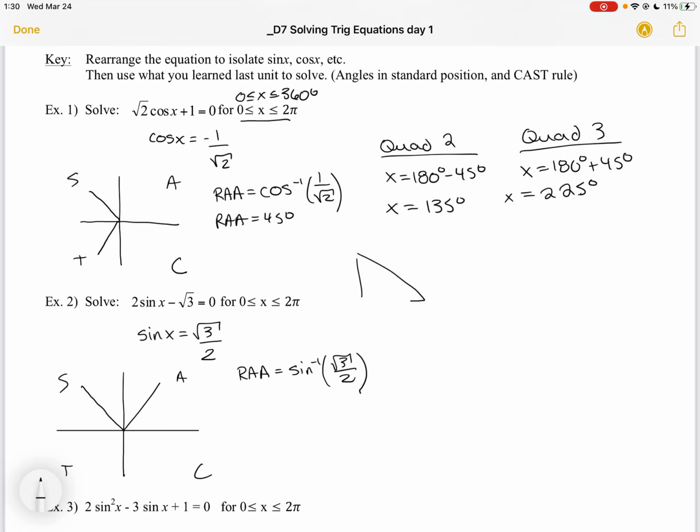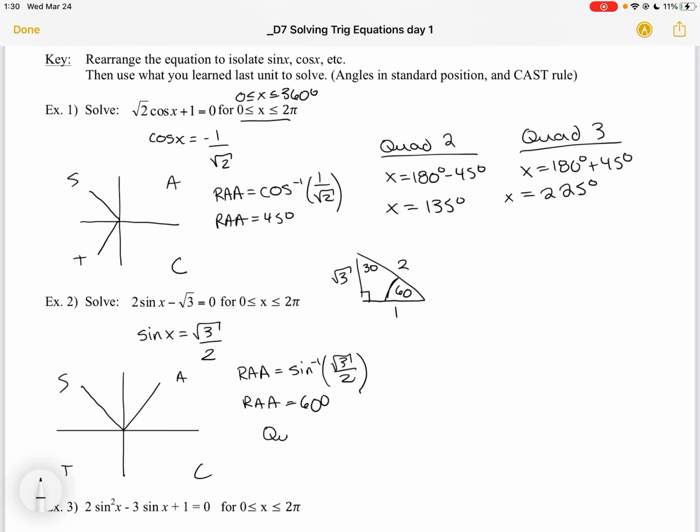But hold on, I'm going to remember that I still have a special triangle here. And my special triangle is going to be the 30, 60, 90, where I've got 2, root 3, and 1. So I know that my related acute angle here has to be 60 degrees because that is the one that matches with that ratio.